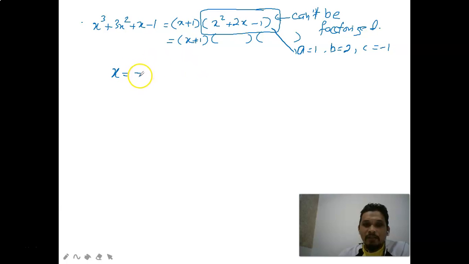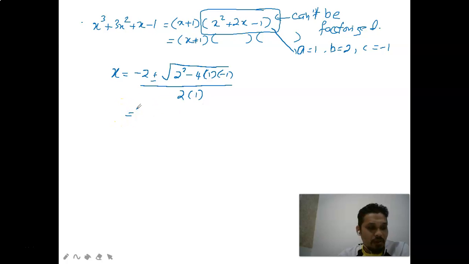Okay, negative b, negative 2, plus or minus the square root of b squared, 2 squared, minus 4ac, divided by 2a, where a equal to 1.